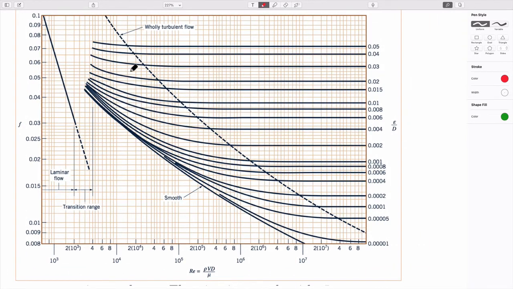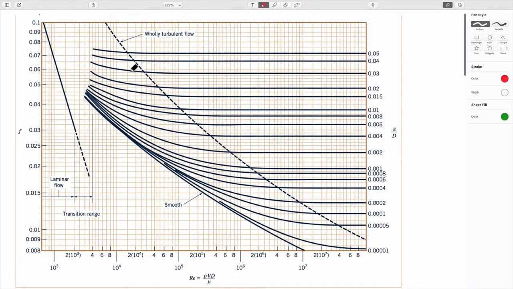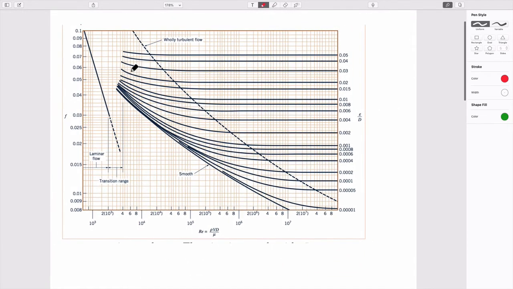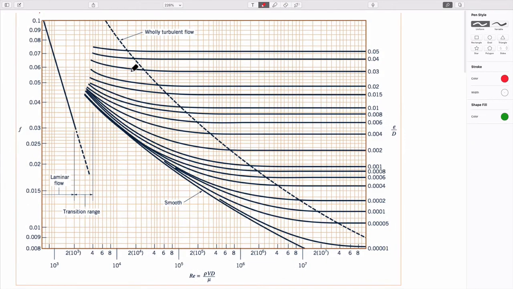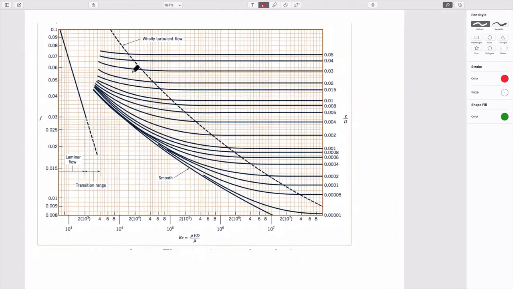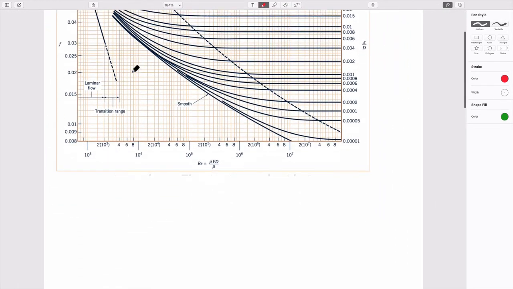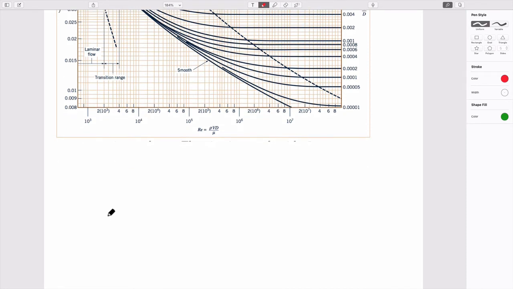So by way of an example, we could think about using the Moody chart to, not worry about fittings for now, but merely to go back and do the calculations for this. So what we'll talk about in the near future is that, I guess we could talk about now, is types of flow problems.